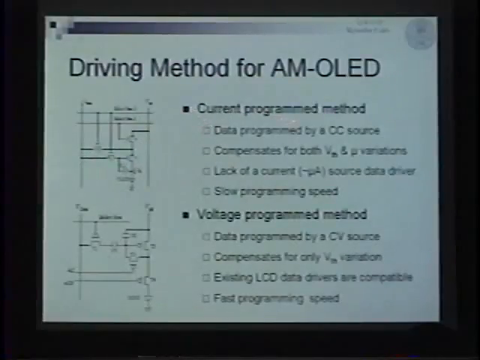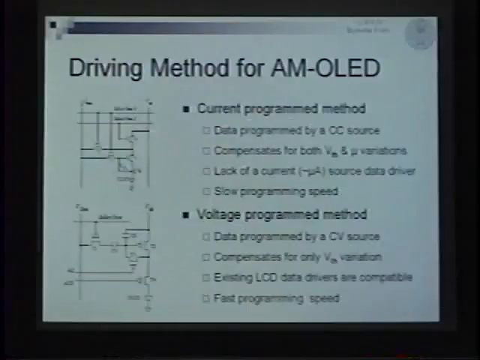The current program method programs the data by a constant current source, so it compensates for both threshold voltage and mobility variations. The voltage program method programs the data by a constant voltage, and it can compensate for only the threshold voltage. So at this point, the current program has an advantage over the voltage program.